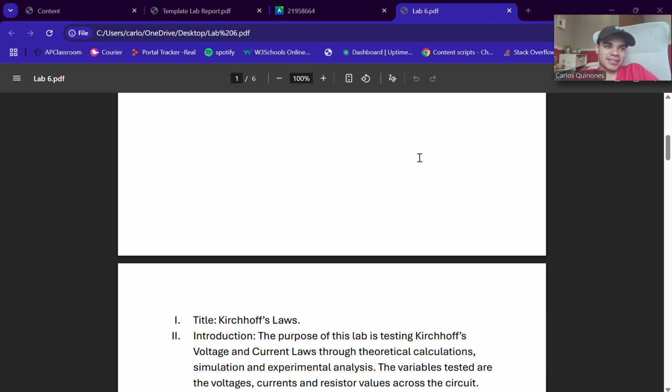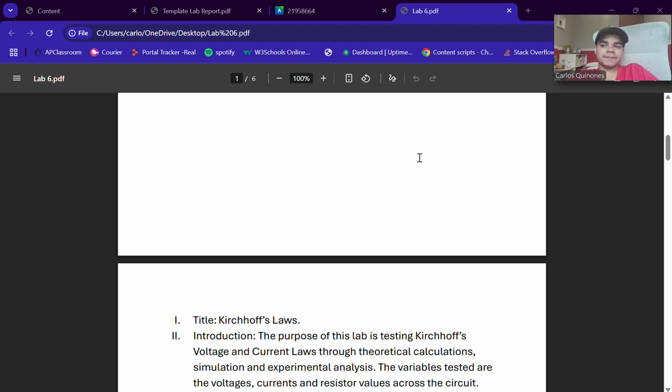This lab consists of validating Kirchhoff's laws by comparing different ways of analyzing the same circuit.